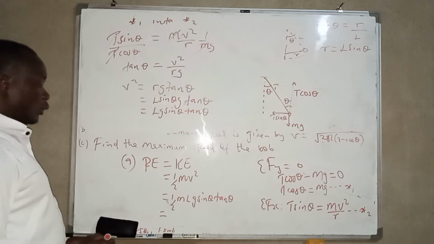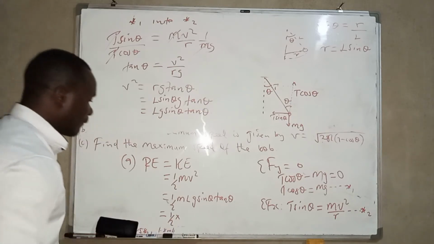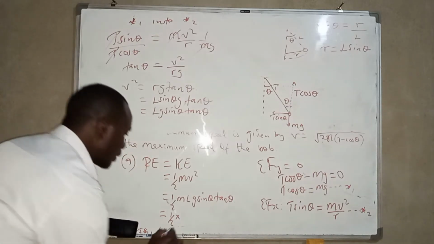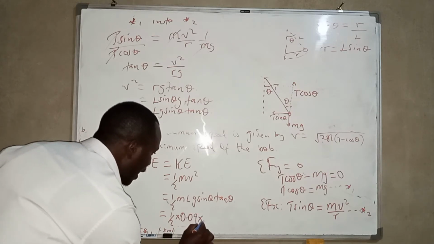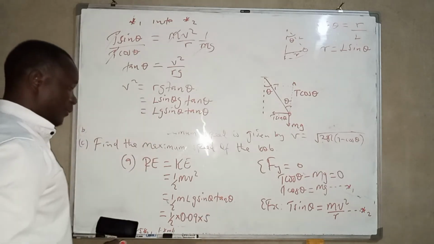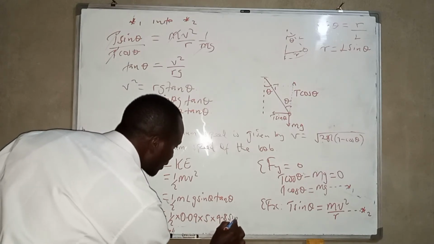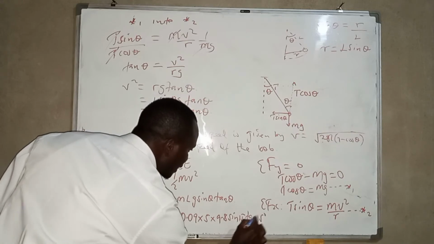So here we're going to put in the values. We have half times the mass, which is 90 grams, which is 0.09 kg, times the length, which is 5 meters, times 9.8 sine 15 tan 15 degrees.